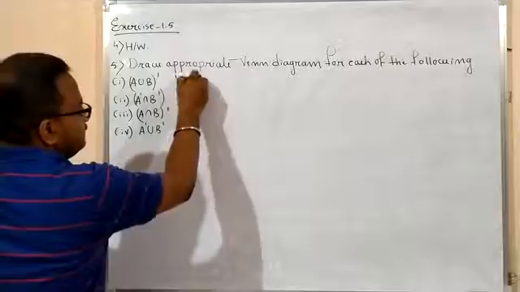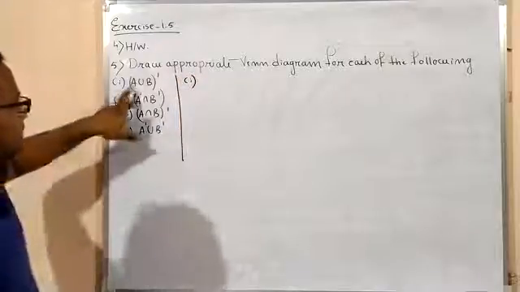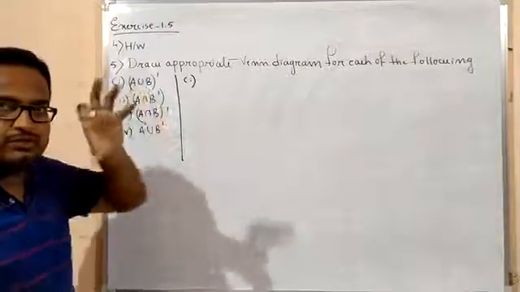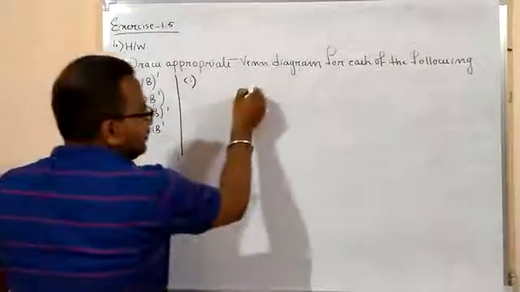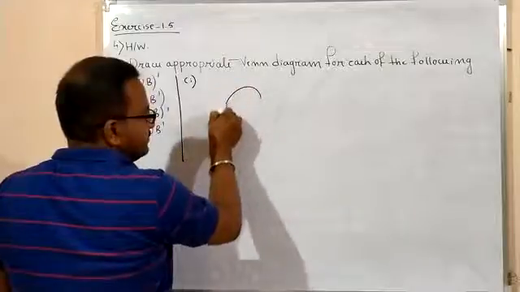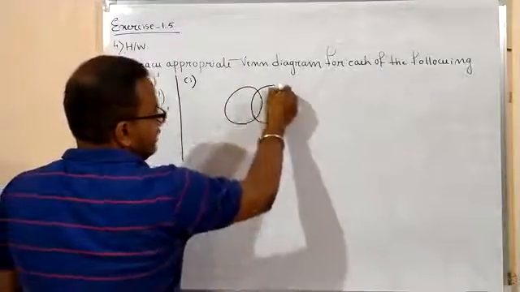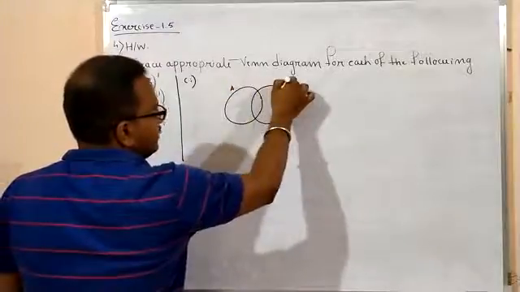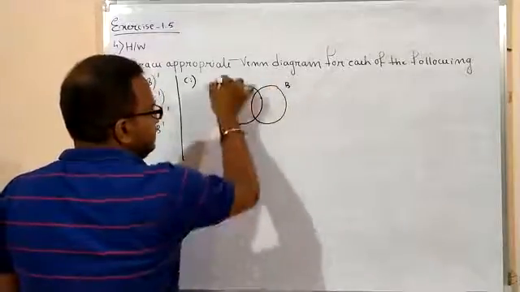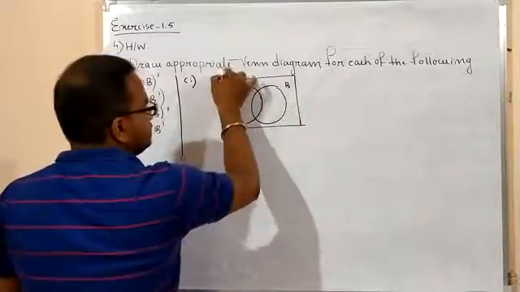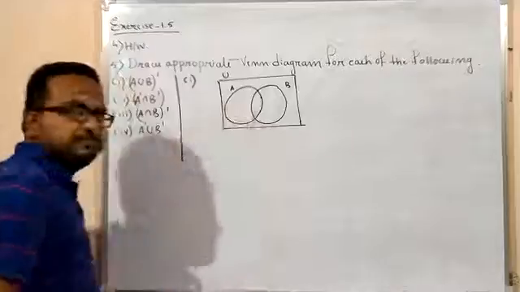Number 1. This one. Okay. So in here 2 sets are there, A and B. Okay. So you need 2 circles. So first of all, draw 2 circles. This is one circle and this is another circle. Right? Suppose this is your A and this is your B and give the universal set U. This is the universal set U. Okay?